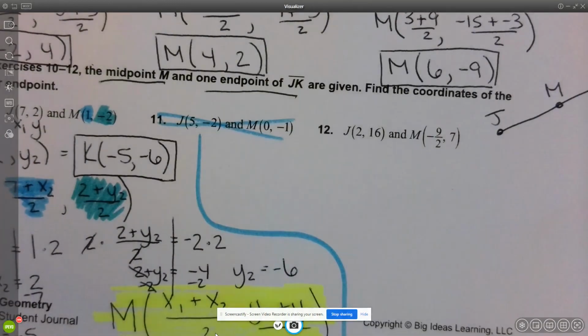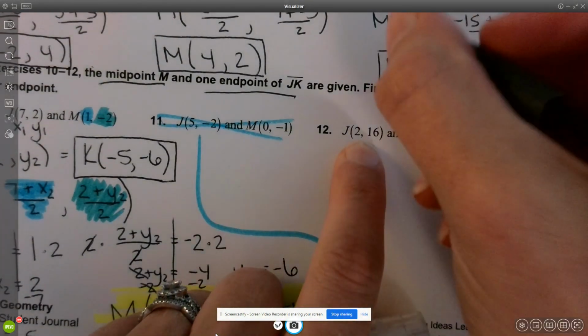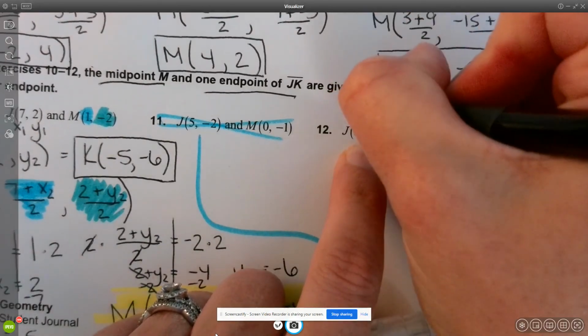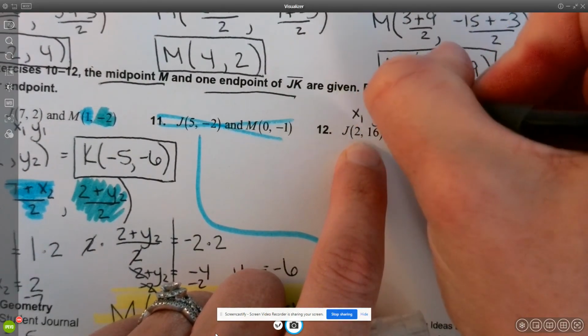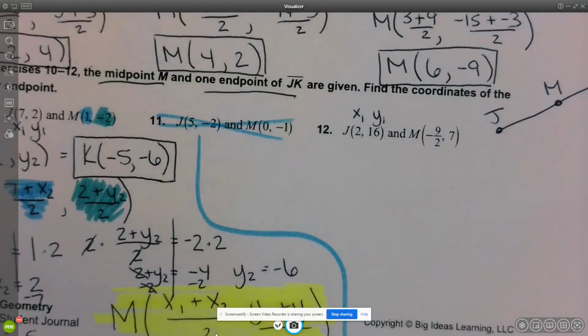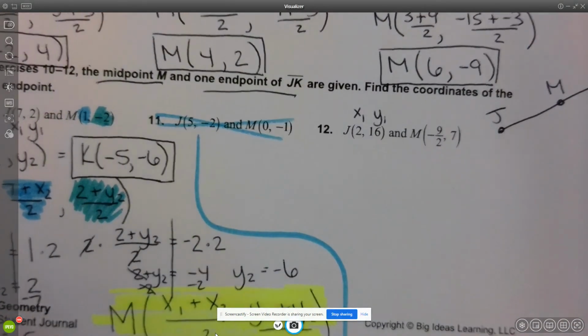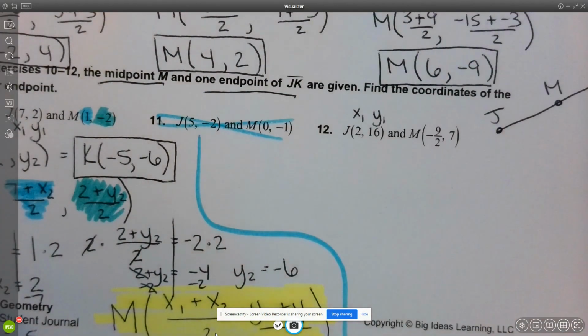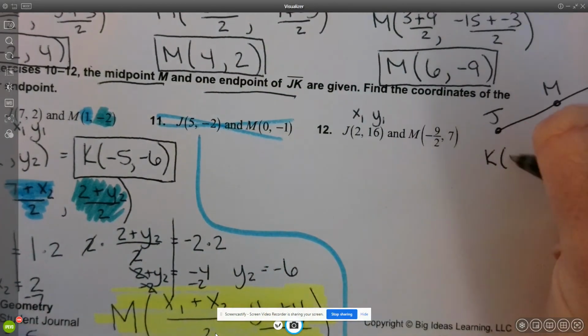All right, so in number 12, we know endpoint J is located at (2, 16). So I'm just going to label 2 and 16 with x1 and y1. And again, I do not know the x and y coordinates of my other endpoint yet.